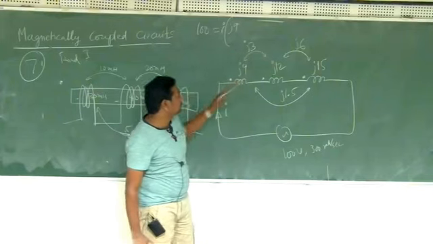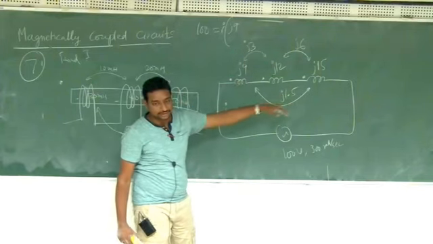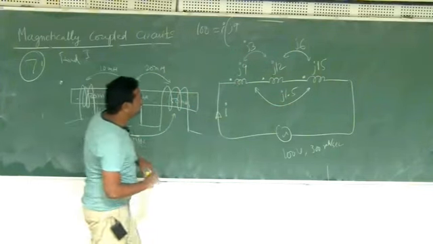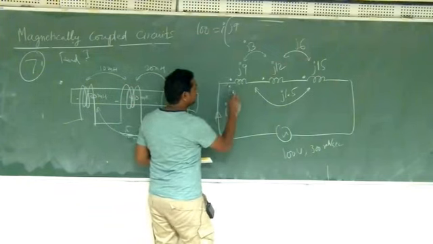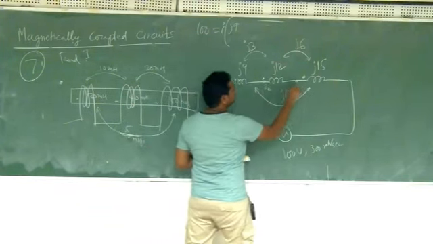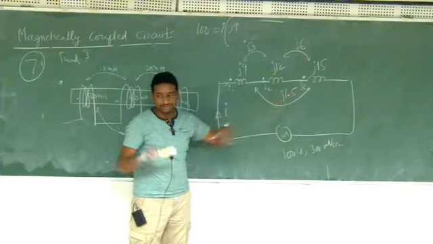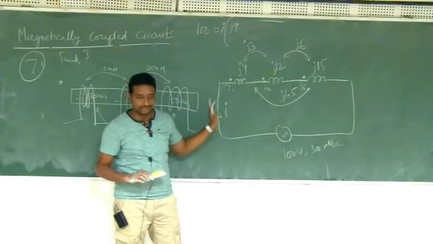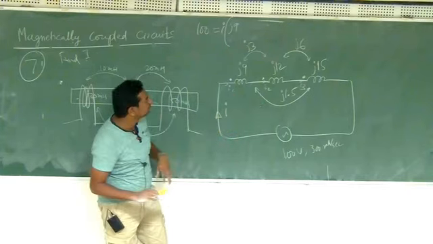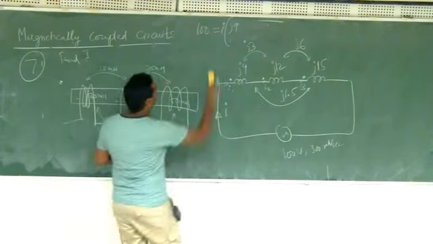I am able to write this because I is the same for all. Or just let me give a generalized notation. I notate this one as I1, this one as I2, this one as I3. But we all know, because they are series connected, I1 equal to I2 equal to I3 equal to I. Just for notation purpose I am writing.